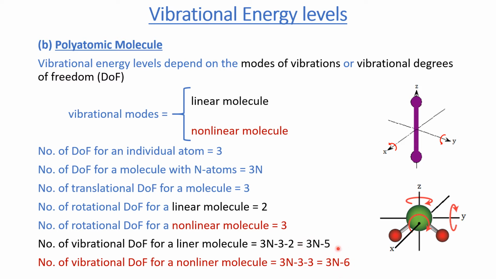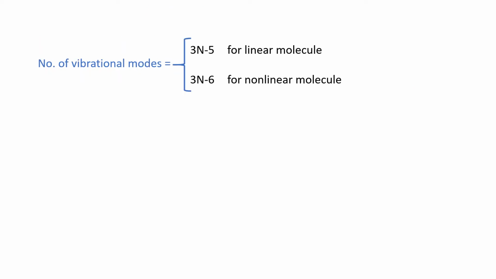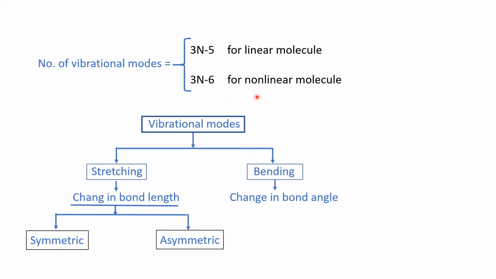Sometimes these vibrational degrees of freedom are also known as internal degrees of freedom, because this vibration is associated with the internal motion of the individual atoms of the molecule. So we have 3n minus 5 vibrational modes for a linear molecule and 3n minus 6 vibrational modes for a non-linear molecule.